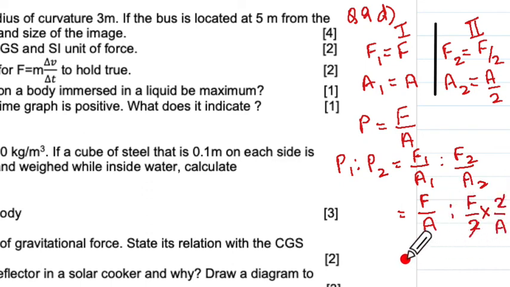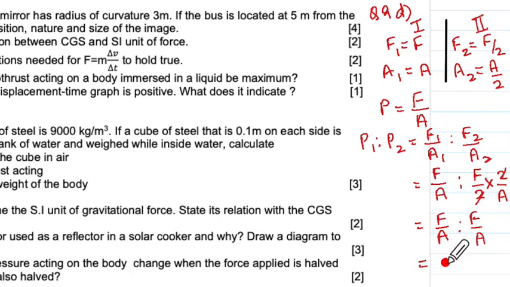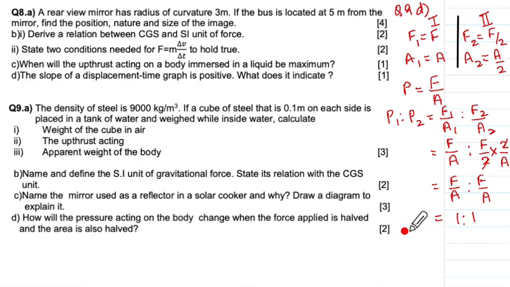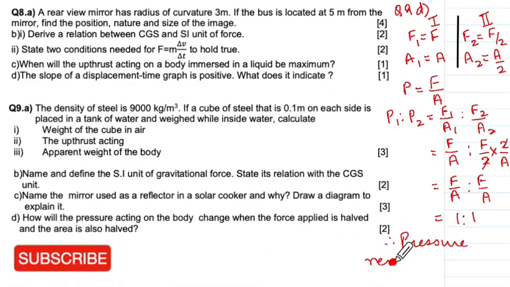Can you see that? It is F upon A is to F upon A, which will be 1 is to 1. So how does the pressure of the body change? What we will say, therefore, pressure remains the same.